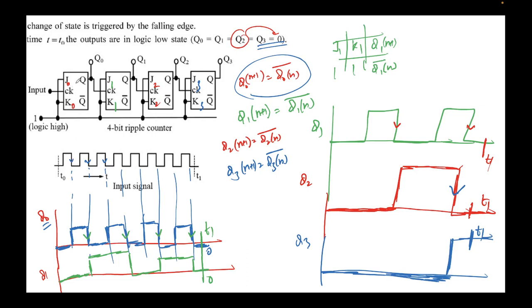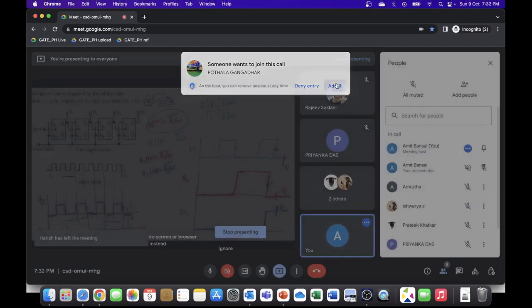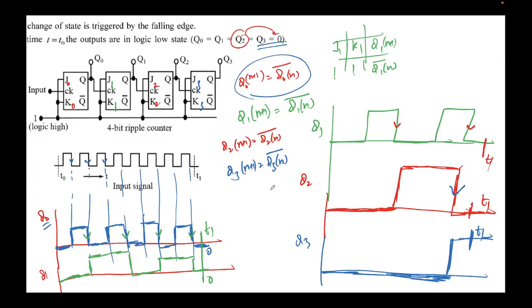When the clock for this flip-flop fell, the output of Q0 changed. It was 0, so it toggled, it became 1. When again the falling clock came, it toggled from 1 to 0 and so on. And this happened for all the flip-flops, and hence we finally got these 4 or 5 waveforms. Okay, is it okay now? Yes, sir.